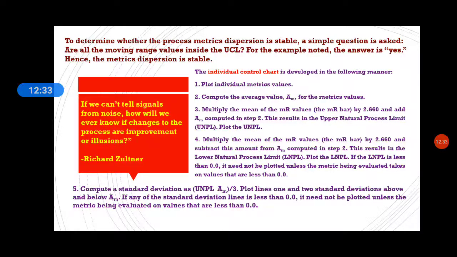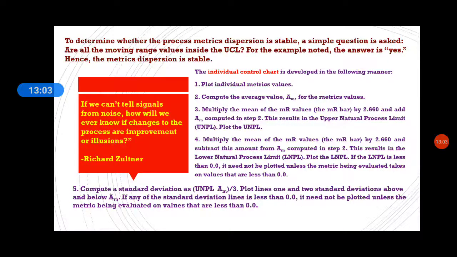Coming to the next step, multiply the mean of the MR values by 2.660 and subtract this amount from AM. AM represents the average value for the metric values computed in step 2. This results in the lower natural process limit, represented by LNPL.